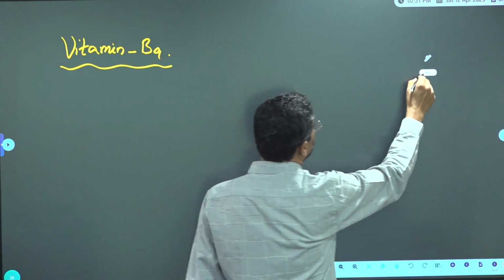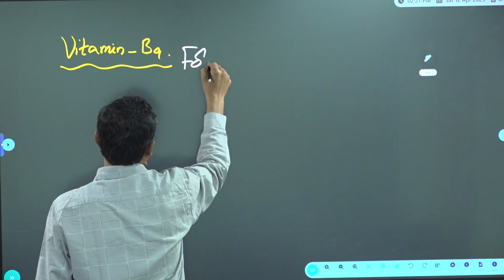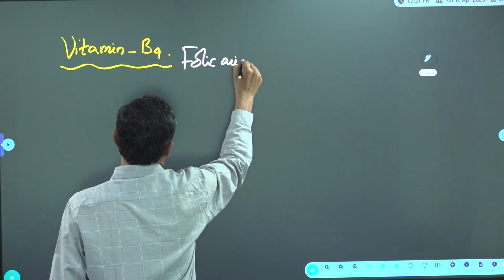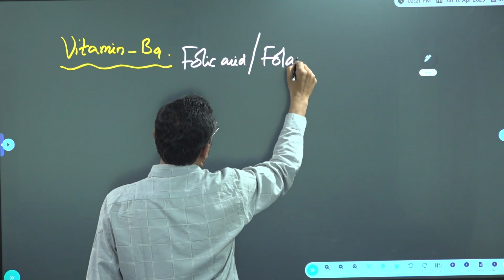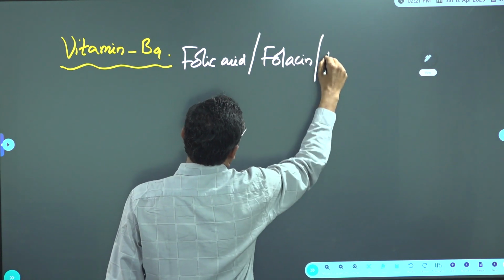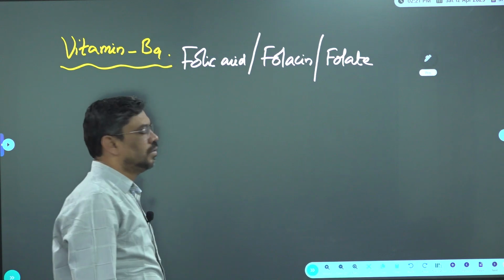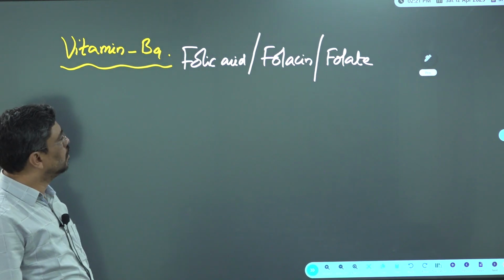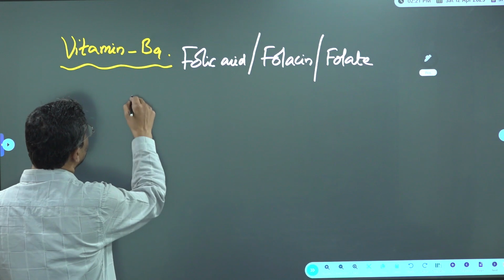Its chemical name is folic acid. It is also called as folacin or folate. It is iron containing vitamin.